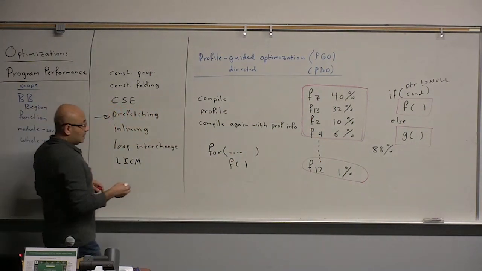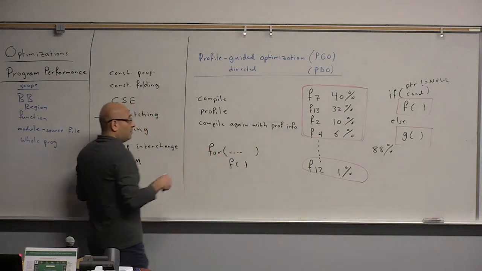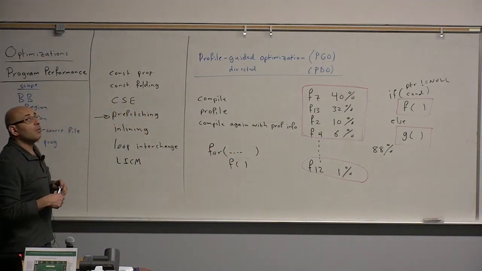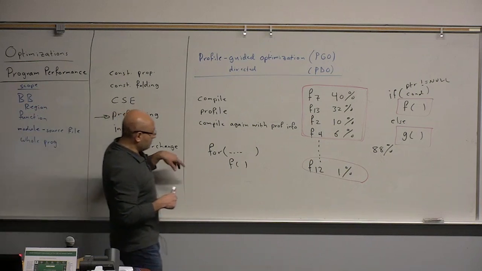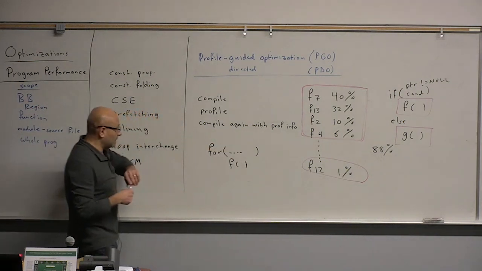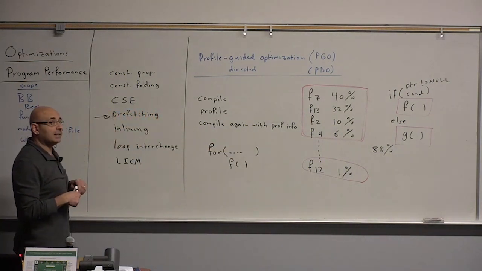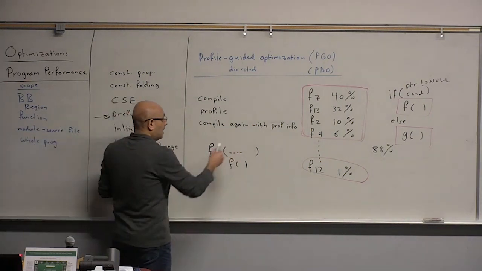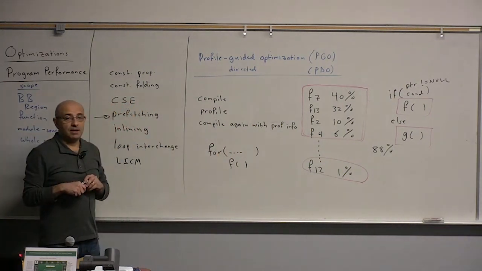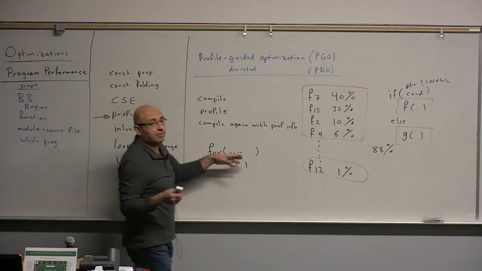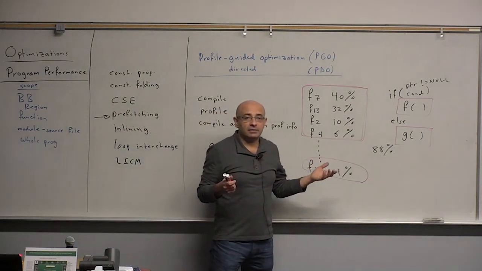So if we are inside a loop, one of the pieces of information that profiling can give us is an estimate of the number of times a loop is executed. Usually this is a piece of information that you don't know without profiling, right?